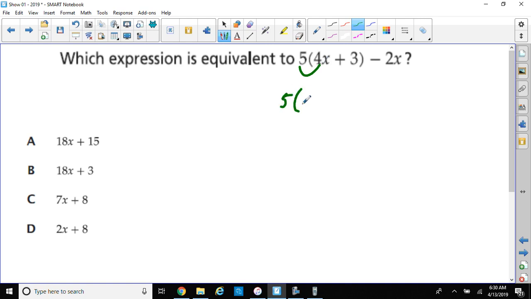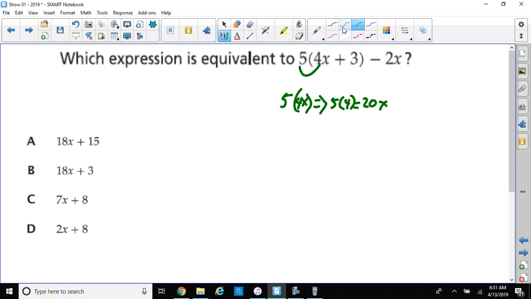So 5 times 4x. Let's do the 5 times 4, because we know we can do that. That'll give us 20, and all we do is add the x on there. So we got 20x.